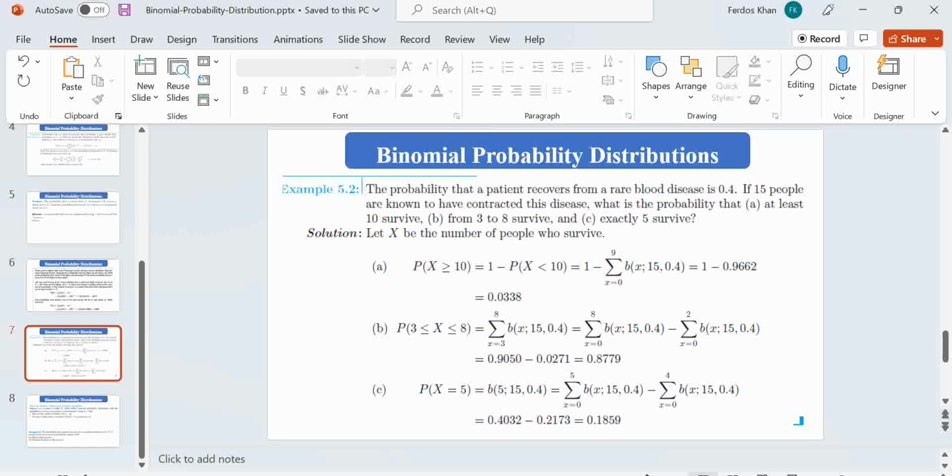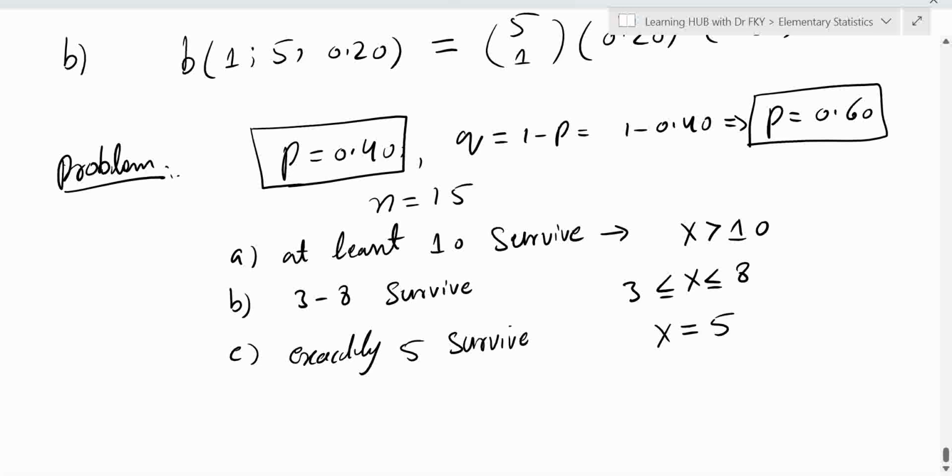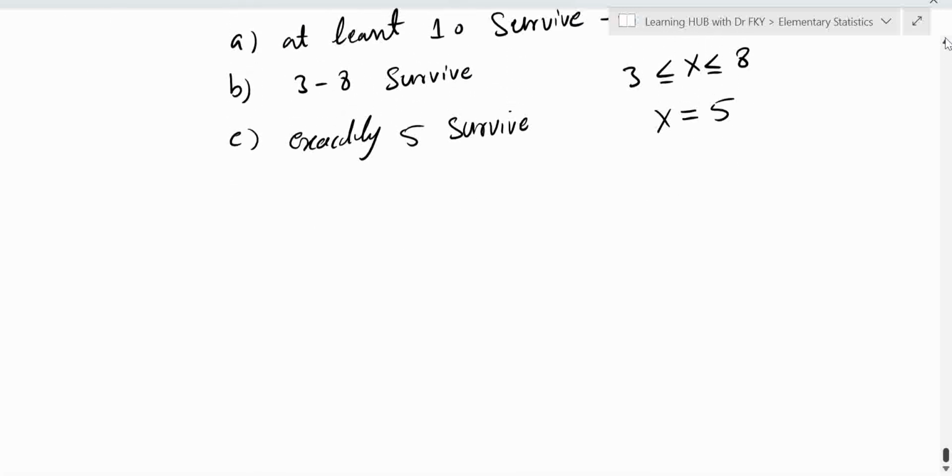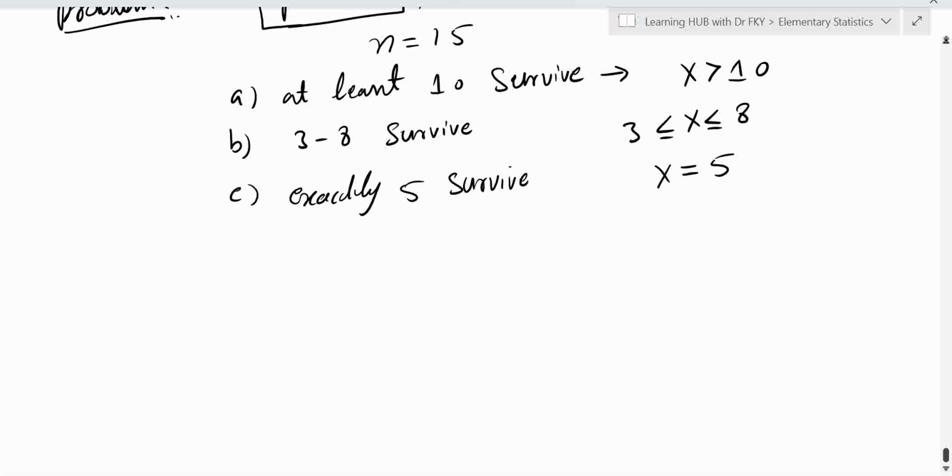You can do this now by doing this. Probability of x greater than or equal to 10 means that we need to use all the values until 15.